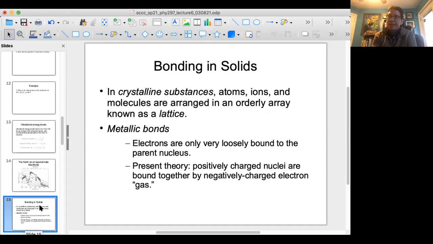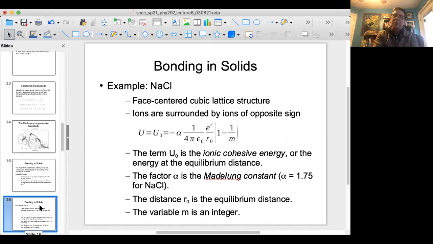In metallic bonds, electrons are only very loosely bound to the parent nucleus. So you sort of have an electron cloud holding the different nuclei together, but the electrons are basically free to move. They don't stay in one particular location.